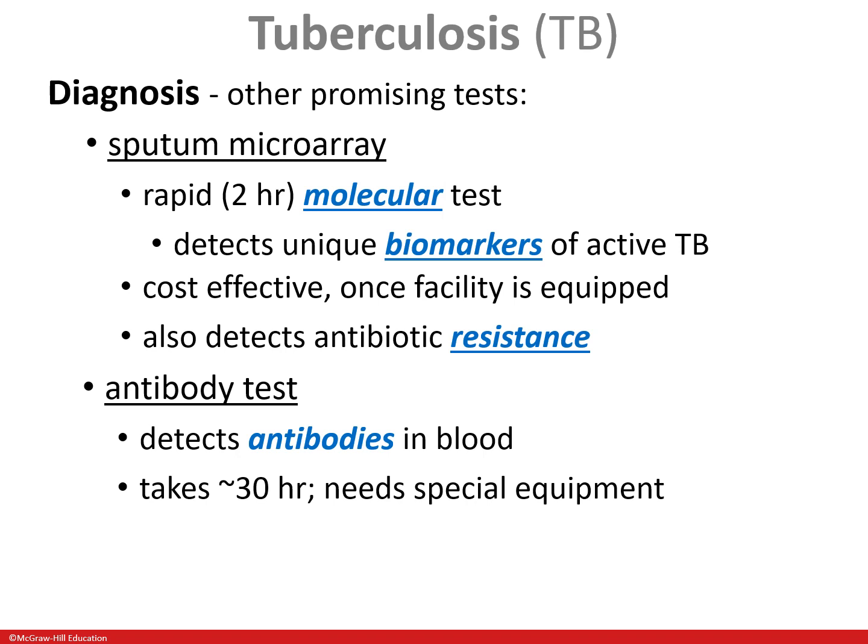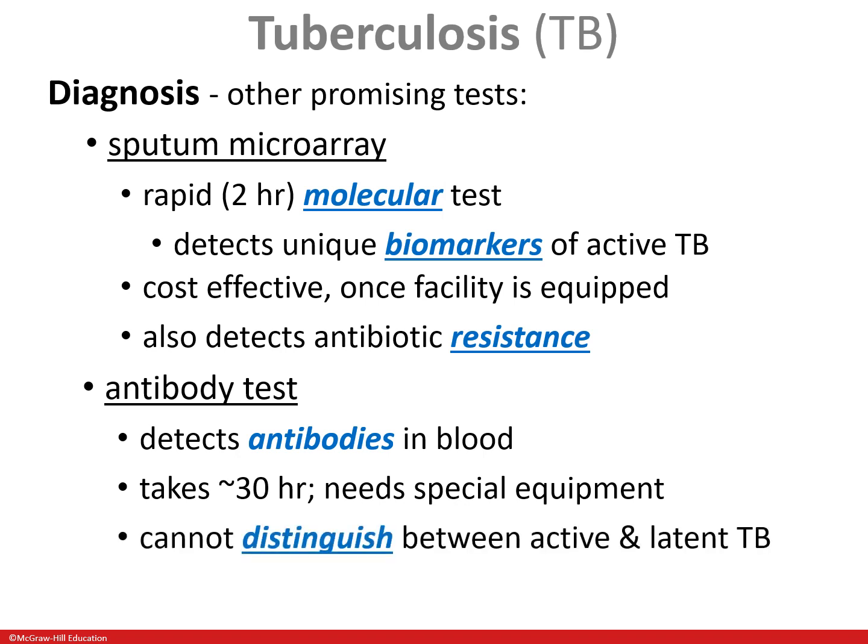It also takes longer than the microarray tests, and it doesn't have the advantage of distinguishing between active or latent infection. And also, it hasn't been validated. So again, we have some other promising tests in the future that will hopefully be useful, especially in poor countries that maybe don't have the culture labs option and things like that.